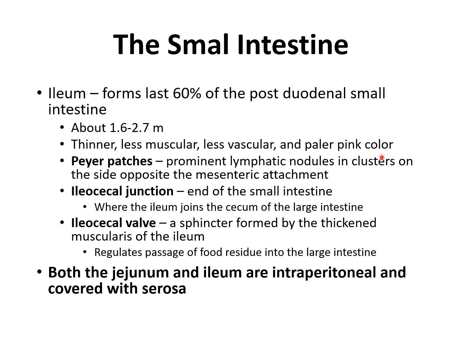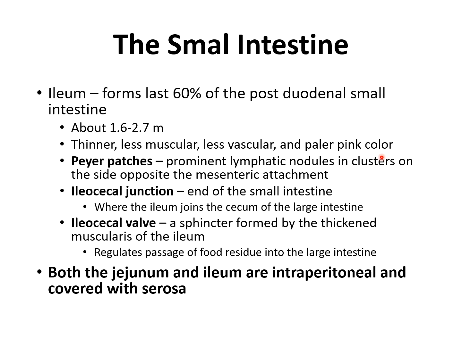And then at the very end, we're going to find a valve called the ileocecal valve. This is where the ileum is going to meet with a section of the large intestines, this pouch-like structure called the cecum. So we will have the ileocecal valve.